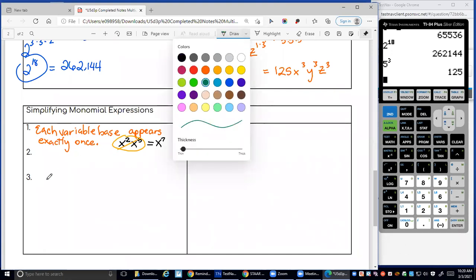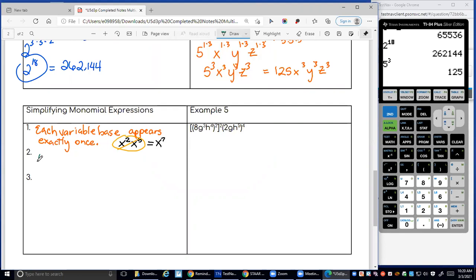All right, let's look at the next rule. No power of a power. To me, this is easy to remember because usually anytime we have parentheses in something, it's not simplified, right? We always want to get rid of parentheses. So no power of powers. If I have something like x to the power of 2 with a 5 right next to it, that's not simplified, but this is, right?